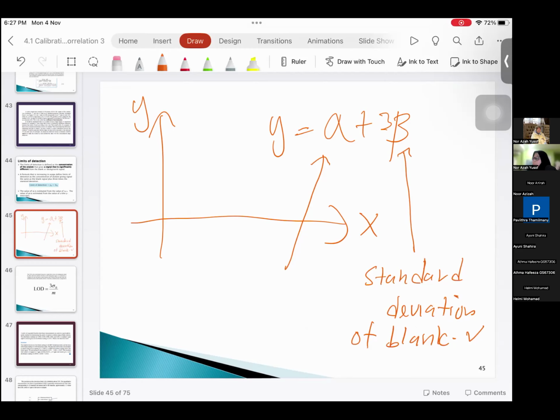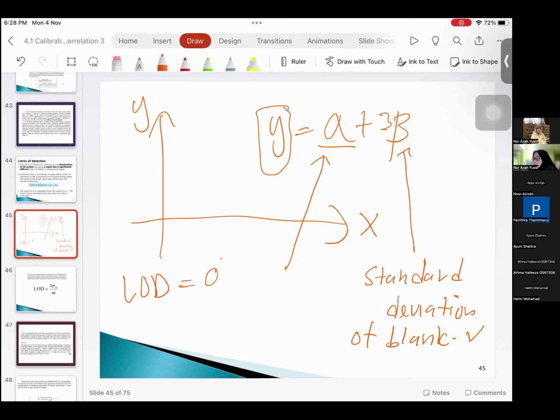All right. So this is actually the Y reading from the blank sample. So what the LOD is, is not yet the final concentration, but we are calculating the value of Y, which is the blank reading.